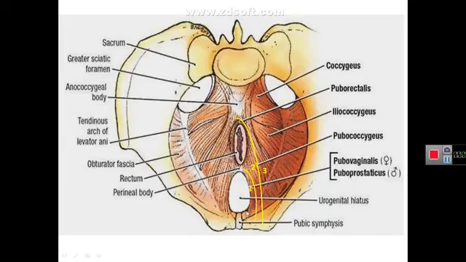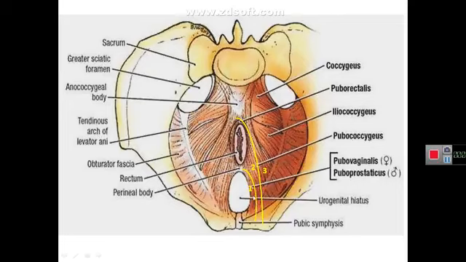So the pubococcygeus origin starts from the back of the body of pubis to the anterior half of the tendinous arch thickening of obturator fascia. This pubococcygeus part of levator ani is also subclassified into three parts.